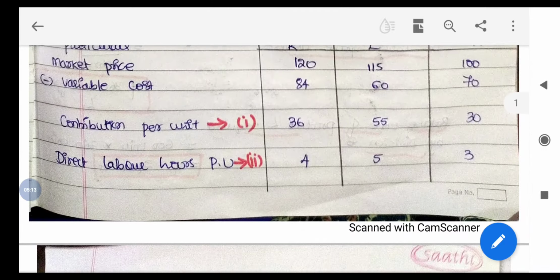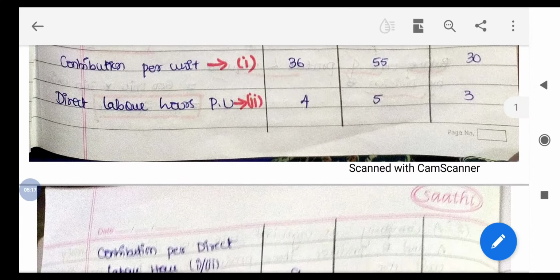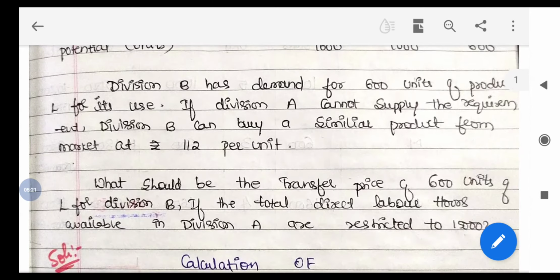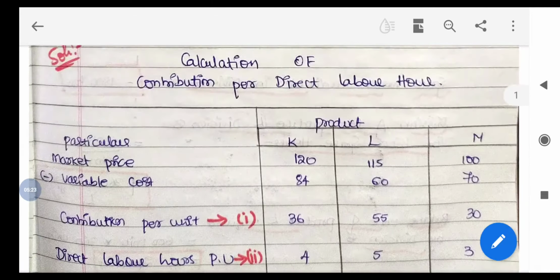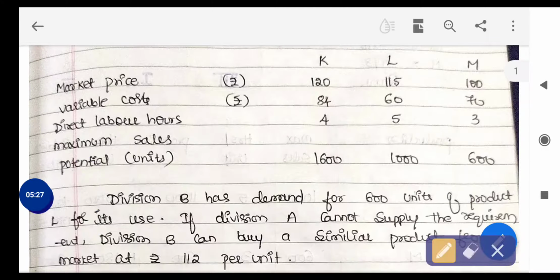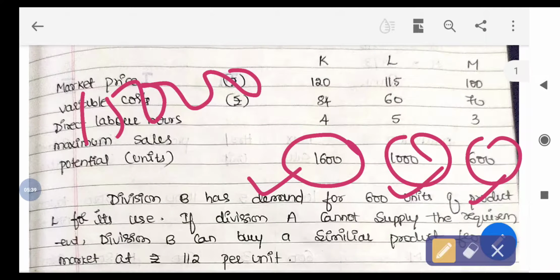Now we have to see whether this L can be produced. What is L's direct labor hour? For that purpose we need to consider the production units they have given. For producing these units, how many hours will it take, and how many hours will remain out of the 15,000 hours?